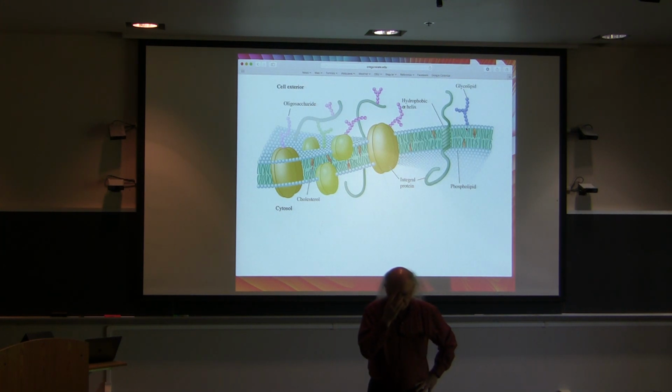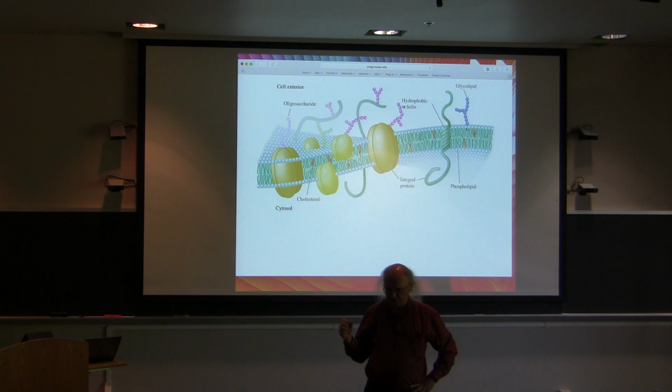Quaternary interactions relate to interactions between multiple subunits of a protein. In the case of ATCase, there are actually 12 subunits, 6 regulatory units and 6 catalytic units. So if I affect one of those subunits in ATCase, I can affect the subunits around it.